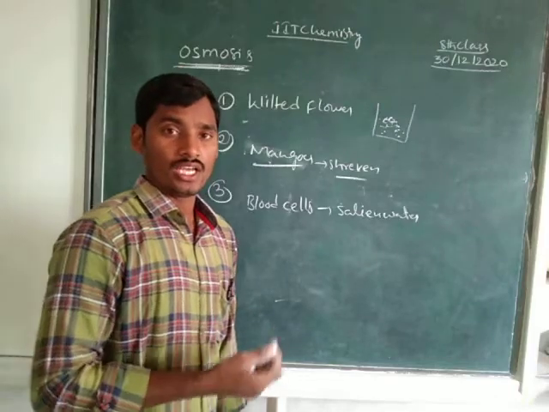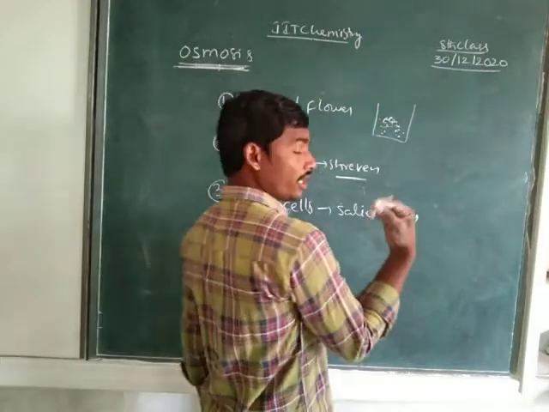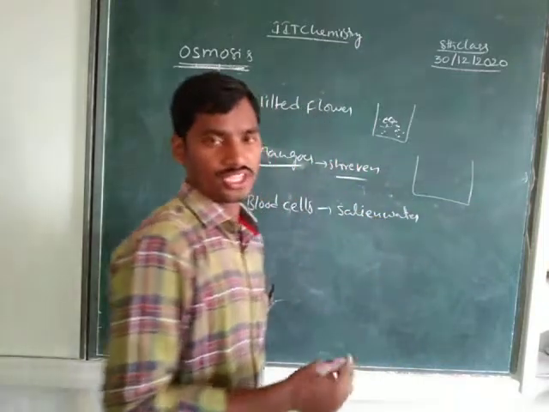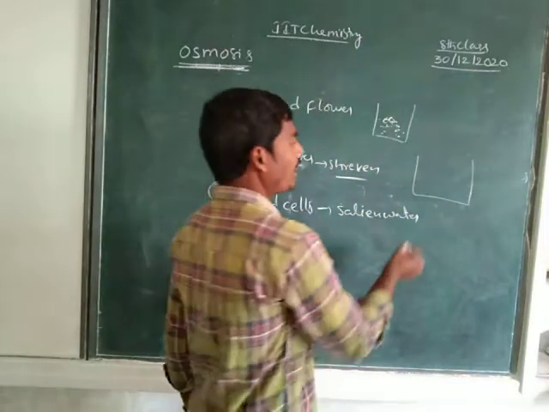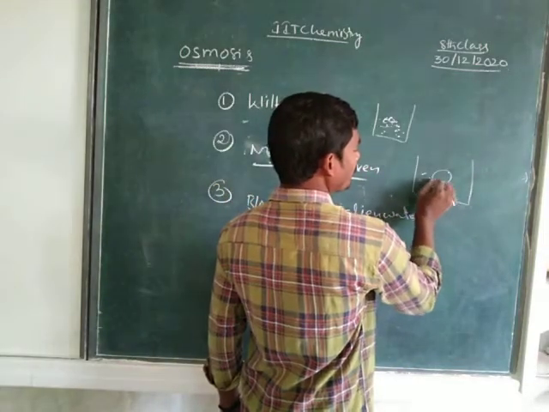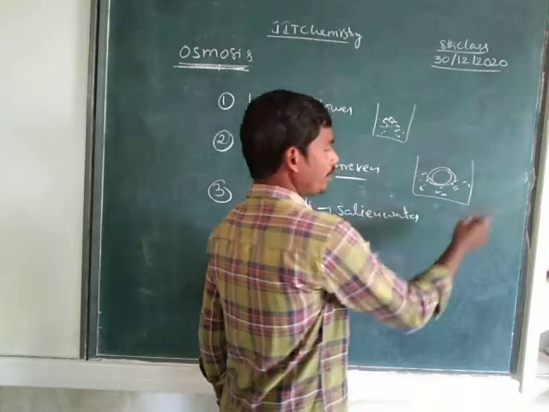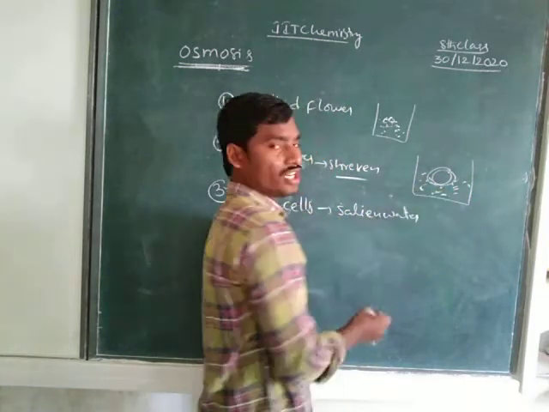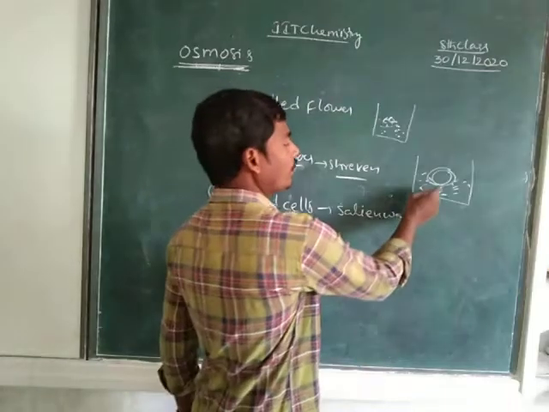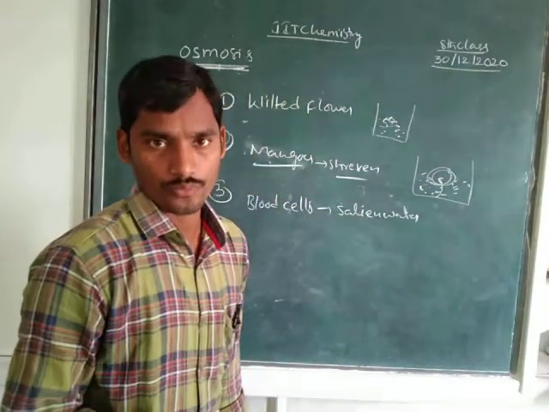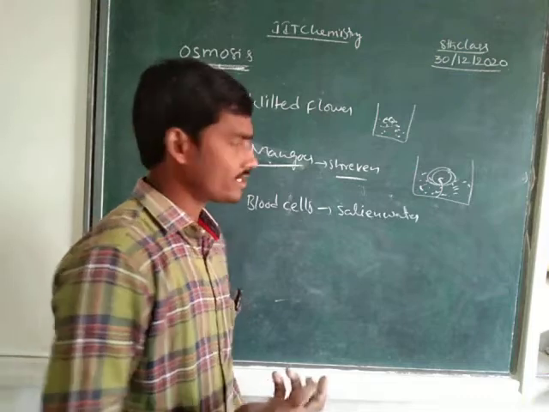And similarly, if we take biology, we have to discuss this point. When we take an egg and keep it in an acid, the outer layer of the egg will be removed by the acid. Then the acid molecules enter into the egg, and automatically the egg will swell.